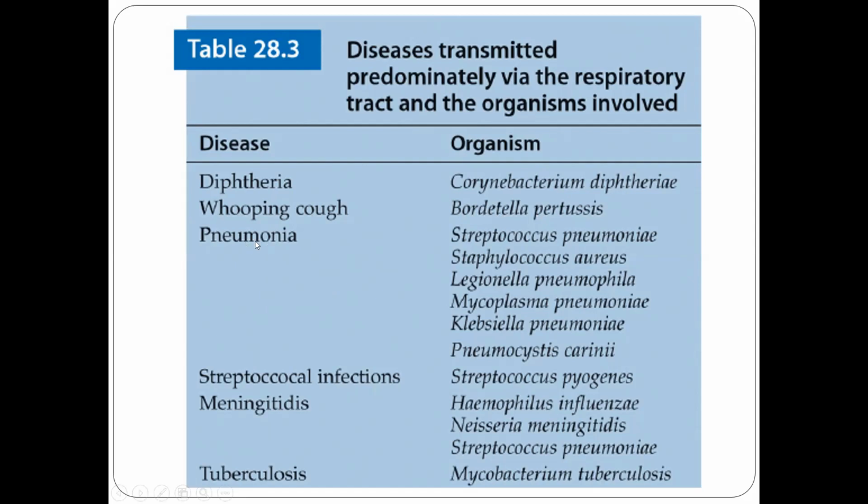Now, pneumonia, lots of the pathogen will cause pneumonia, including Streptococcus pneumoniae, Staphylococcus aureus, Legionella, Mycoplasma, Klebsiella, and Pneumocystis carinii. Now, some of them we will talk very detailed, but some of them we just go very briefly about here. First of all is Legionella pneumophila. Legionella means army. Okay, so what happened is in 1970 in Philadelphia, there is an army convention.